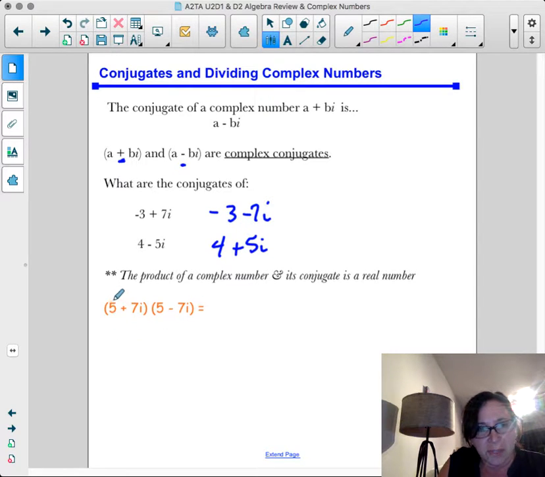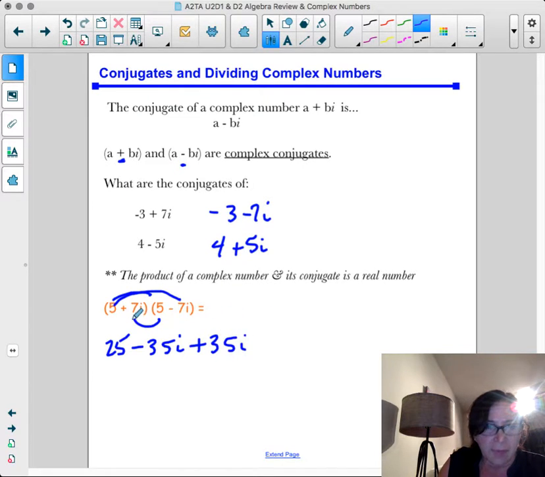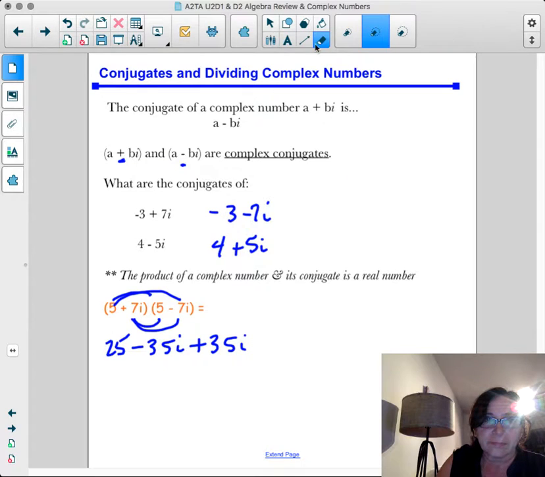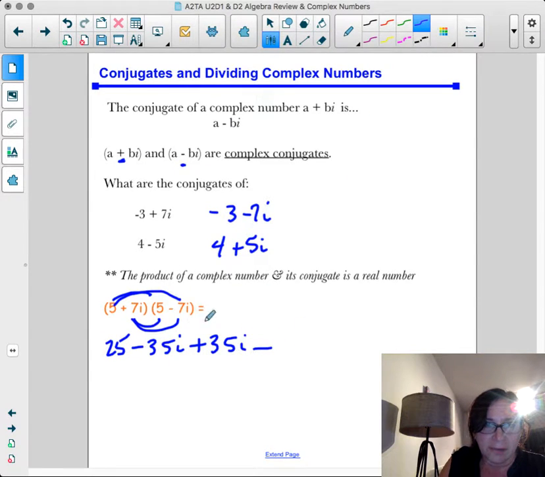So let's do this. 5 times 5 is 25. 5 times negative 7i is negative 35i. This 7i times 5 is plus 35i. And then we have 7i times 7i, which is, negative times positive, negative 49i squared.